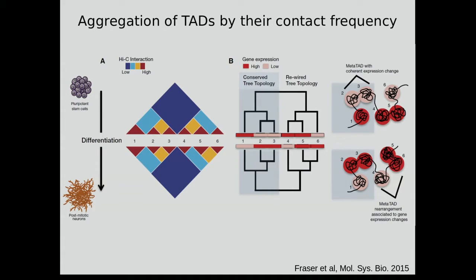So you look first for the heavy triangles, and then you look for heavy rectangles between them, and then you get a tree-like structure of the domain. It's an interesting case where this is using the hierarchy above TADs. Instead of using PCA-like algorithms that look for the checkerboard pattern, this is looking for super TADs or meta TADs, however you like to call them.